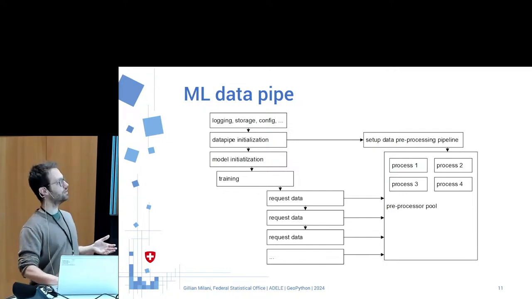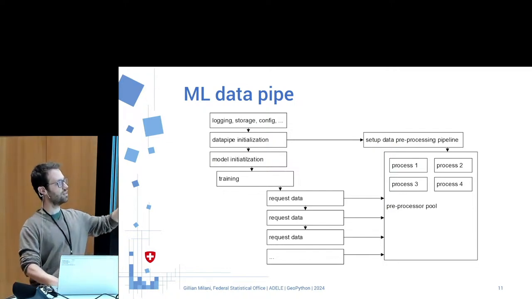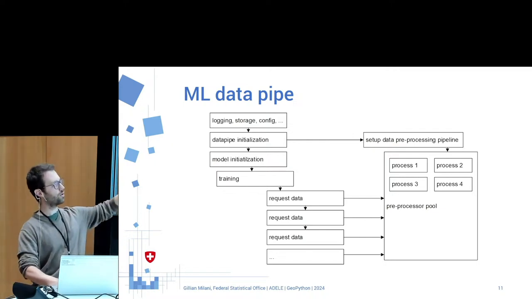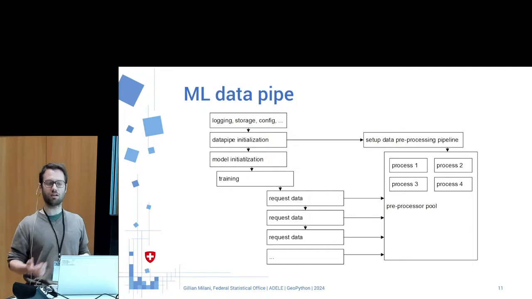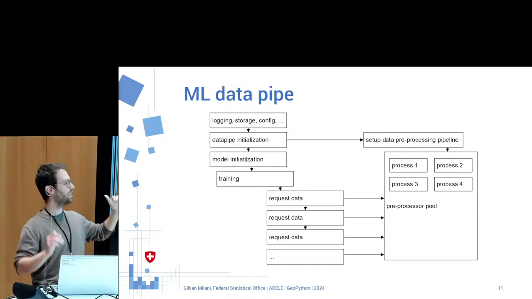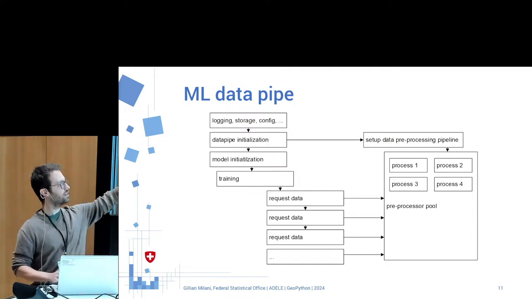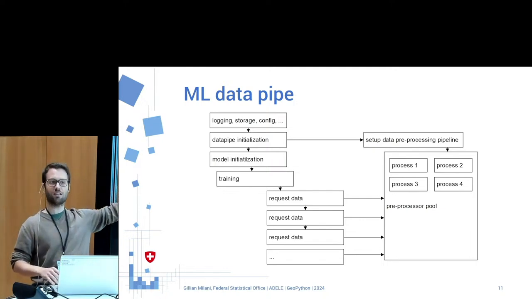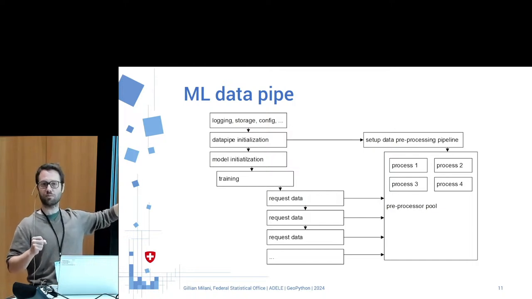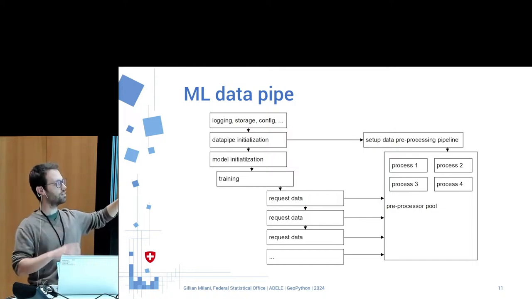So what does it do? It starts different processes. So it spawns Python processes, and each of these processes will be ready to handle a slice of data. Okay, you see a bit the link with the plates now. When we train the model, the model iterates along the batches, and it sends requests to the data pipe to get this new slice of data.